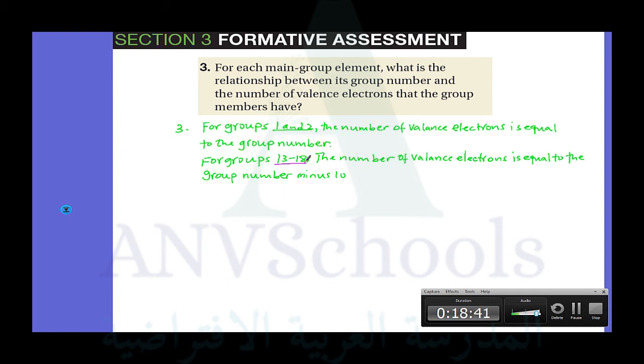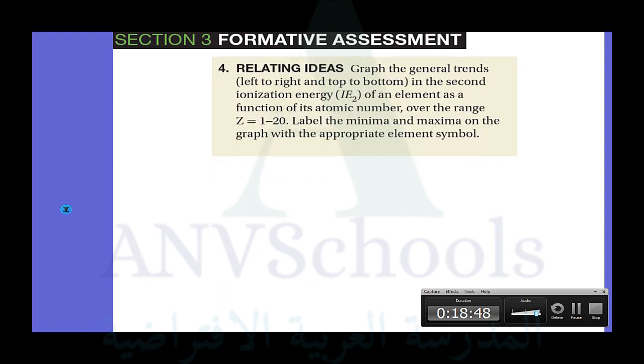So question number 4. Relating ionization energy, the general trend is left to right. Simply by drawing we can see this relation. So we have this graph of second ionization energy, and this is the atomic number.